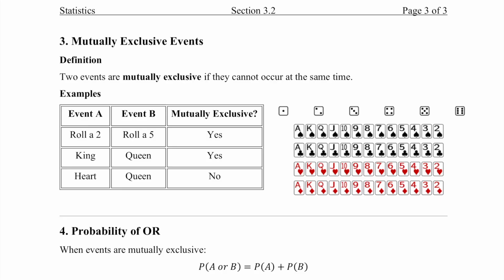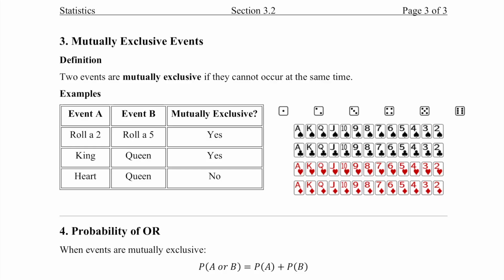Let's start with a simple question. If you roll a standard six-sided die, can you roll a 2 and a 5 on the same roll? The answer is no. A single roll can only land on one number.